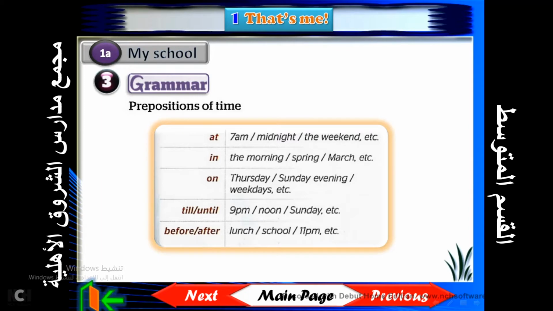We use at 7, at midnight, at the weekend, etc. In the morning, in the spring, in March, in June, in July, etc. On Thursday, on Sunday, on evening, on weekdays, etc. Till or until 9 p.m., noon, till Sunday, etc. Before lunch or school or 11 p.m., after lunch, after school, and after 11 p.m., etc.